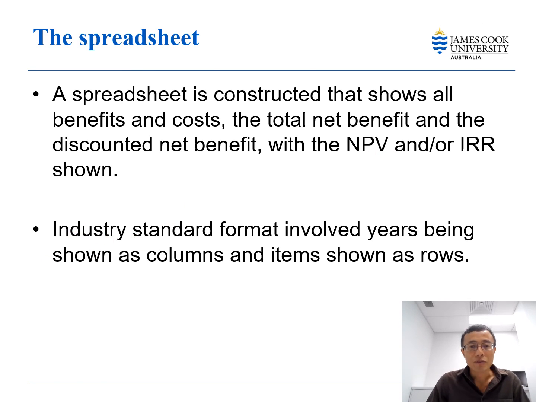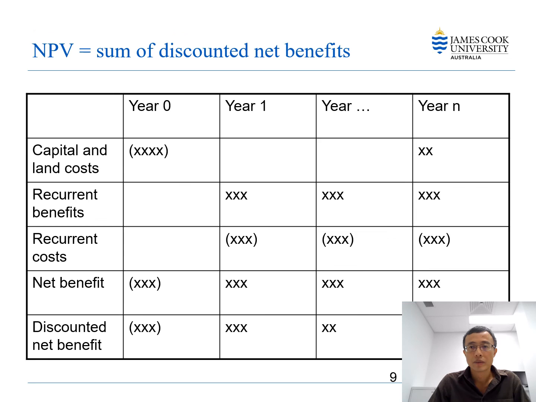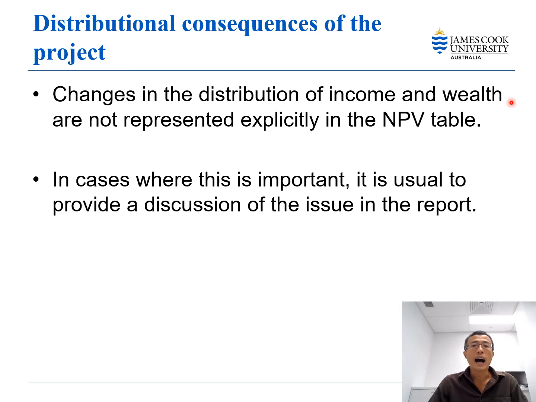The industry standard format involves rows and columns, right? The standard format will be, you put years on the columns and items of benefits, items of costs on the rows, okay? And do the computations there. If your project involves distributional consequences, implications, then you want to discuss these implications.